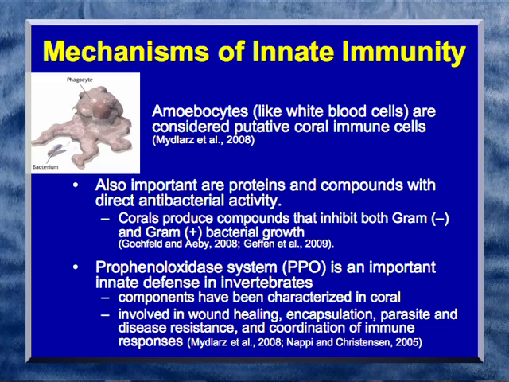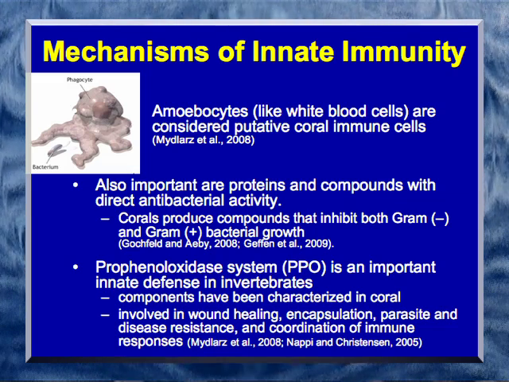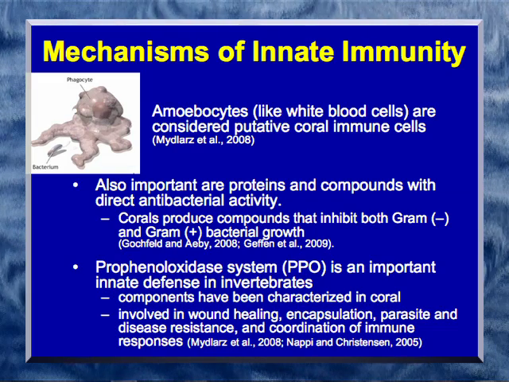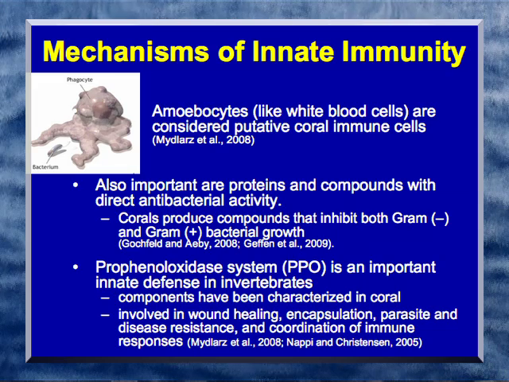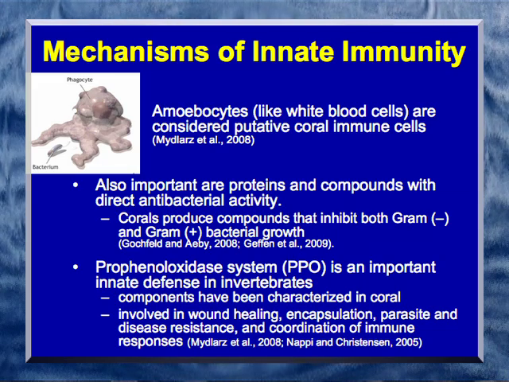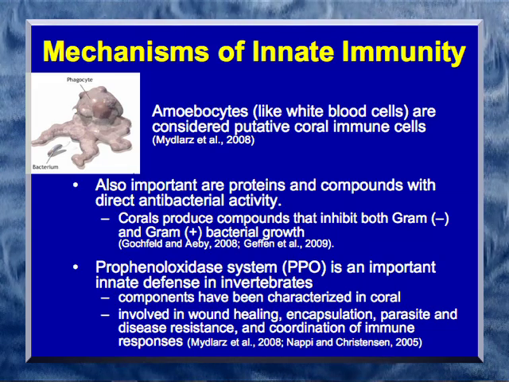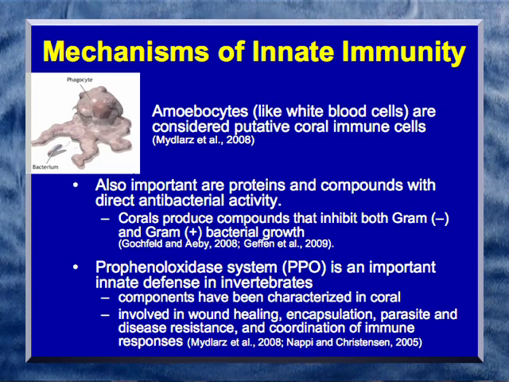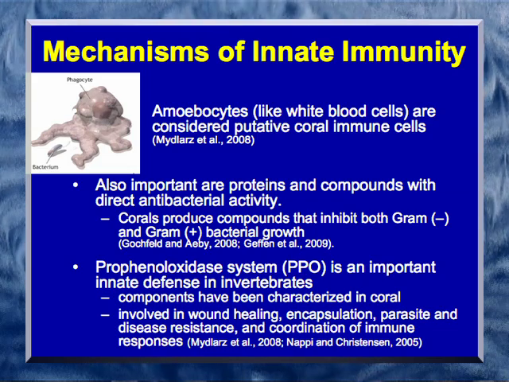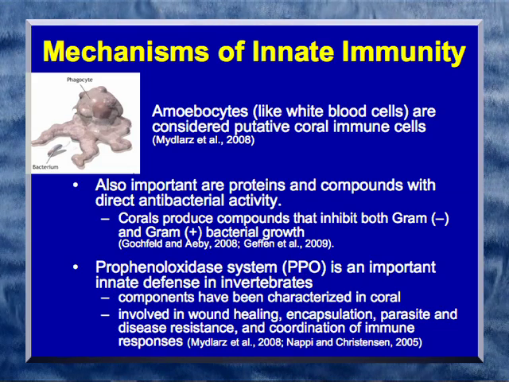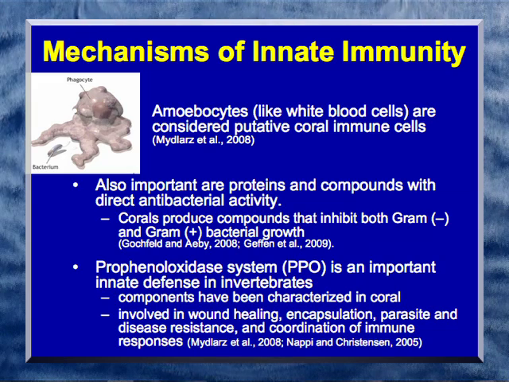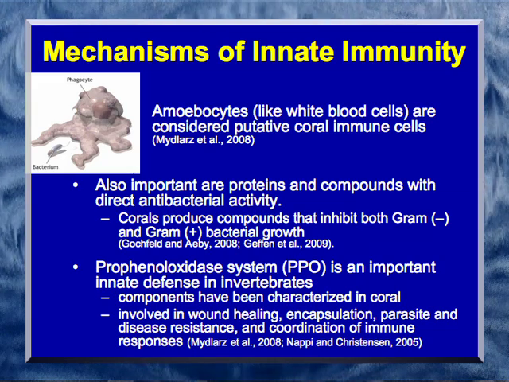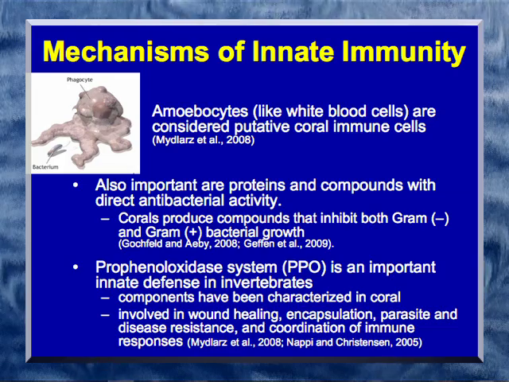And corals are known to produce compounds that inhibit both gram-negative and gram-positive bacterial growth. And another more recent discovery was the components of the prophenoloxidase system, which is an important innate defense in invertebrates. And it's involved in wound healing and parasite and disease resistance, and is important in the coordination of immune responses.